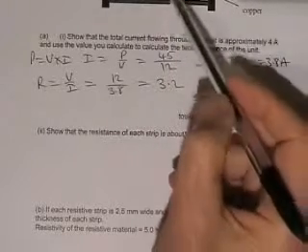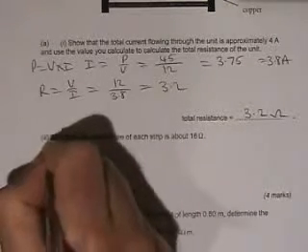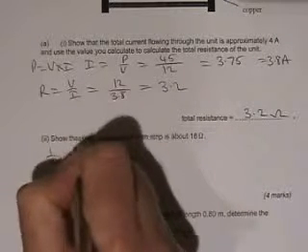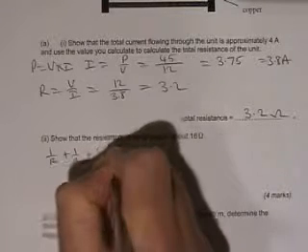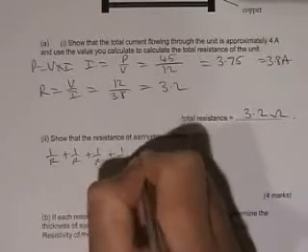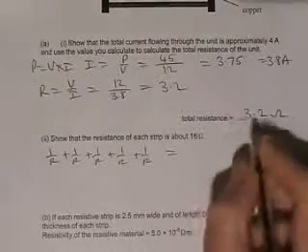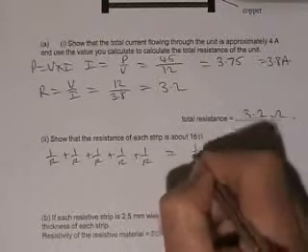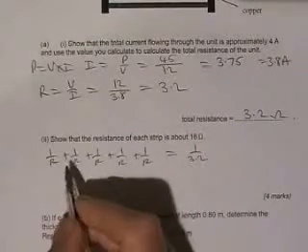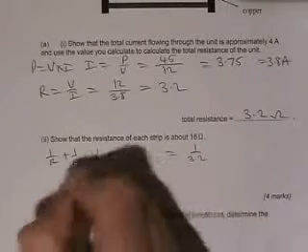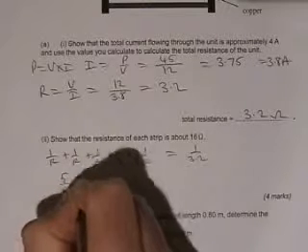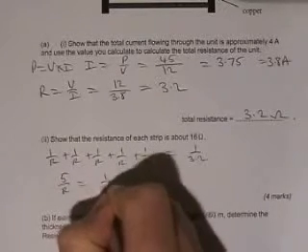Let's say that we don't know what the resistance of each strip is. We call it R, but there's 5 of them. So 1 over R plus 1 over R plus 1 over R plus 1 over R plus 1 over R will equal 1 over the total, and the total is 3.2. So we've got 5, 1 over R, so it's 5 over R equals 1 over 3.2.